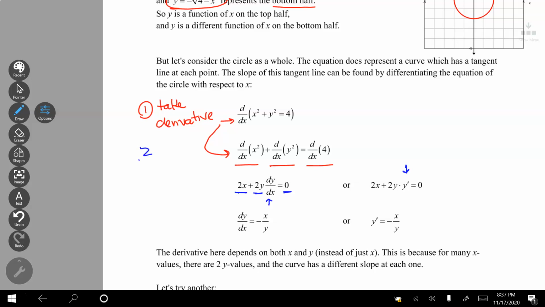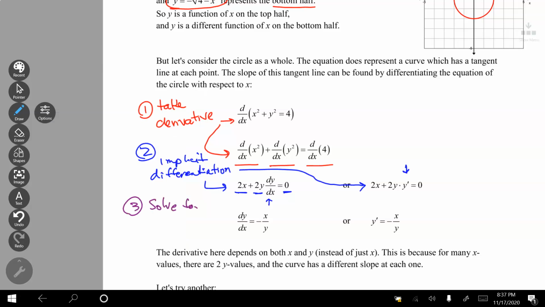So this is my implicit, what we call differentiation. That's this step here, or over here if we want to use the y prime notation. Either one is fine by me. And then finally, what do we do at the end?